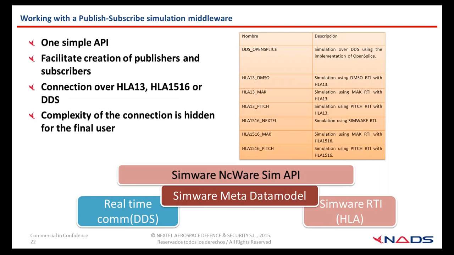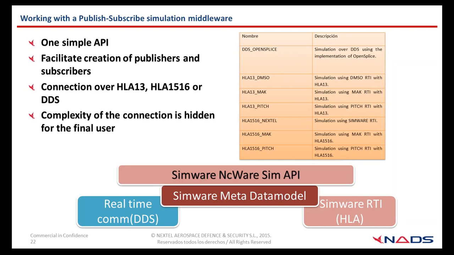Simware Sim API is a very, very simple API with just 10 lines of code. You can connect to a simulation and create all the publishers and subscribers you need. The publishers and subscribers are pre-made using the data model with our tools. And at the end, with the same API, you can connect to different things like, for example, DDS or HLA, HLA 13, HLA 15, 16 from Mak or from Pitch.